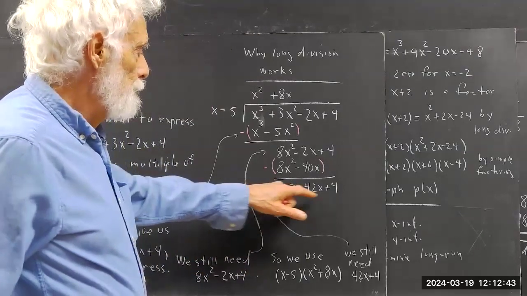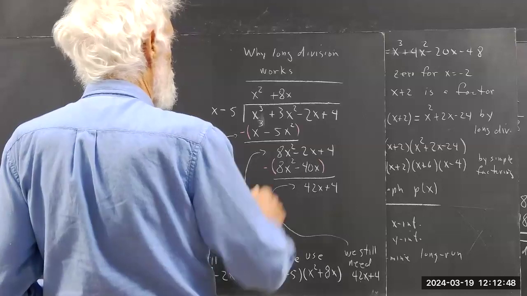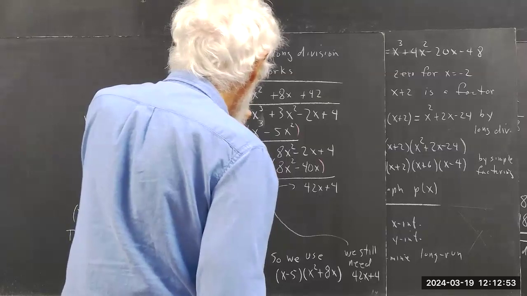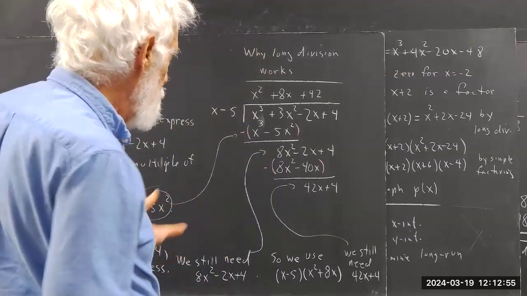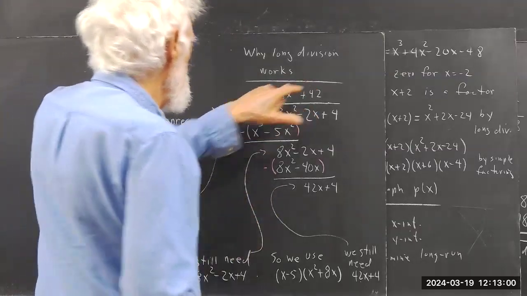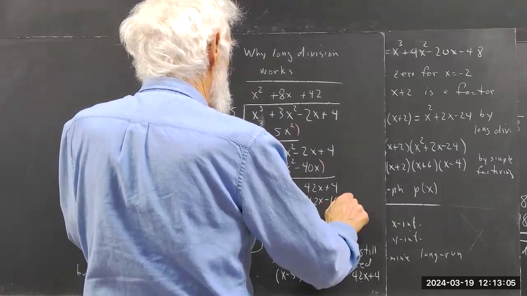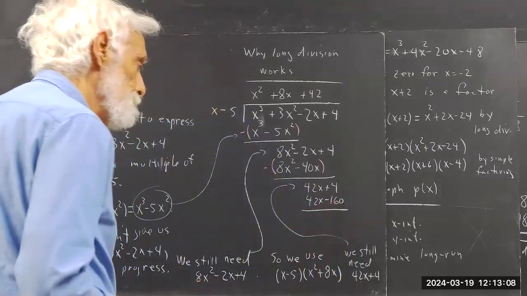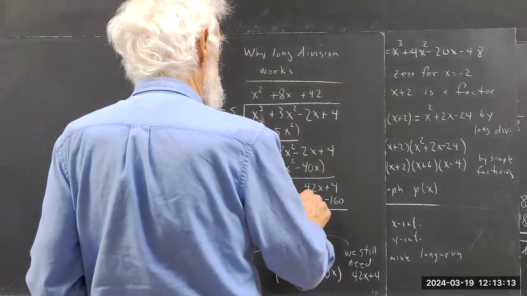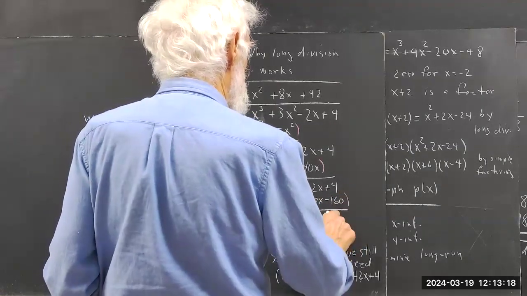Well, to get 42x plus 4, now we can add 42. So if we add 42 to what we're multiplying by x minus 5, we're going to get 42x minus 160. And if we subtract that, that leaves us with 164.